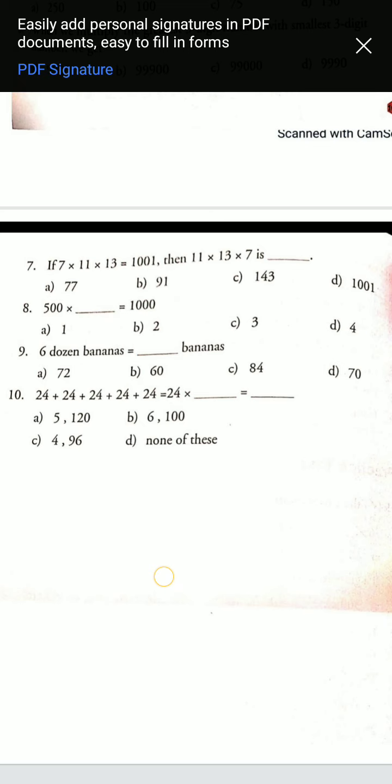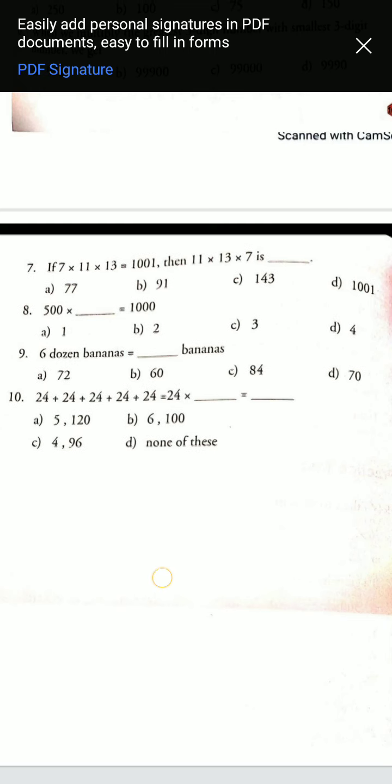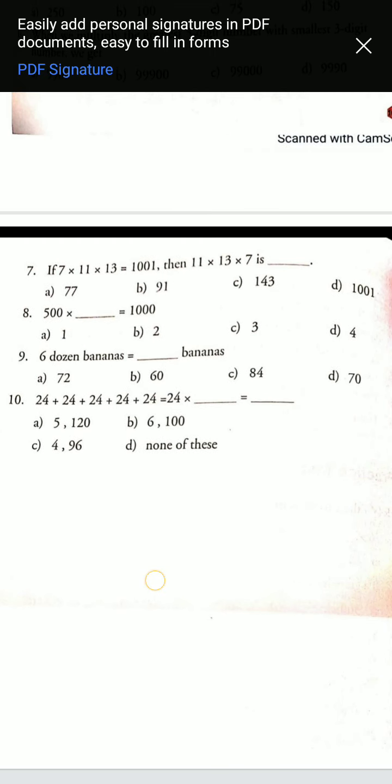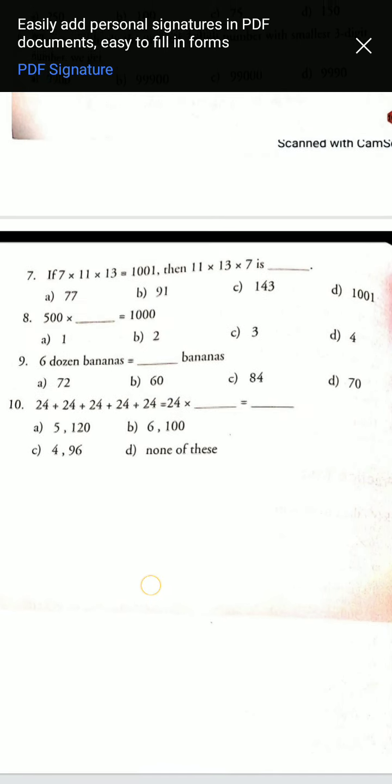Now the next one is, if 7 multiplied by 11 multiplied by 13, the product is 1001, then 11 multiplied by 13 multiplied by 7 is? Which fact do we have to apply here? Yes, when we interchange our numbers, then the product will always be the same.